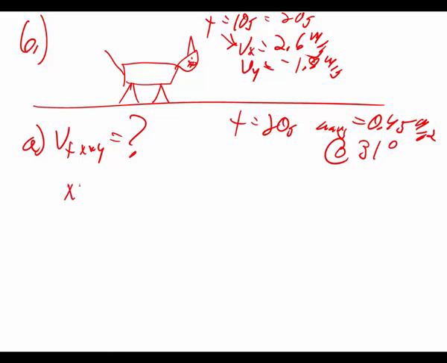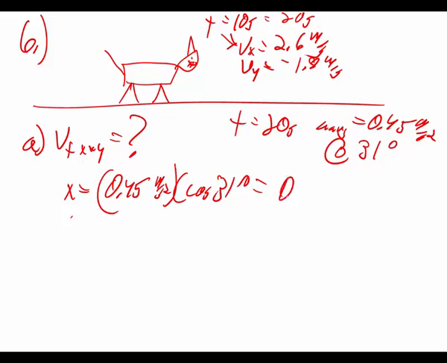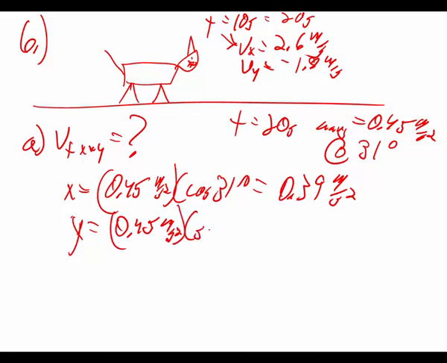Well, x is what? Cosine. x is 0.45 meters per second squared times cosine of 31 degrees, and that's going to be 0.39, approximately. And then y, 0.45 meters per second squared, sine 31, and that becomes 0.23 meters per second squared.